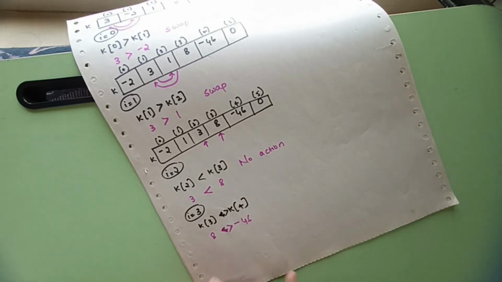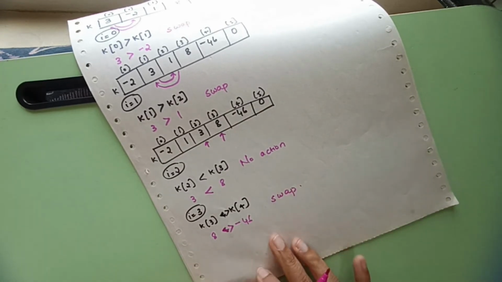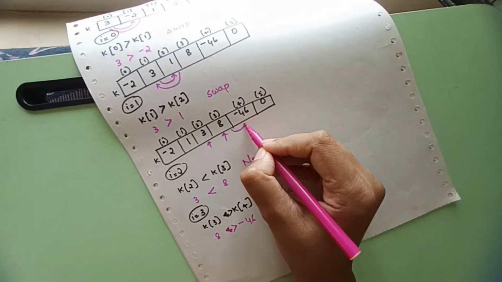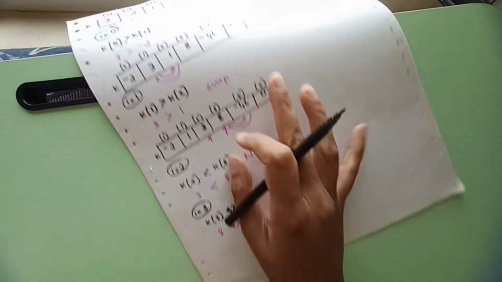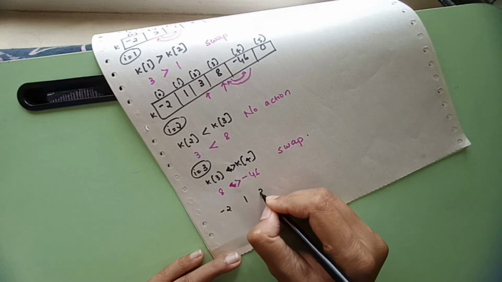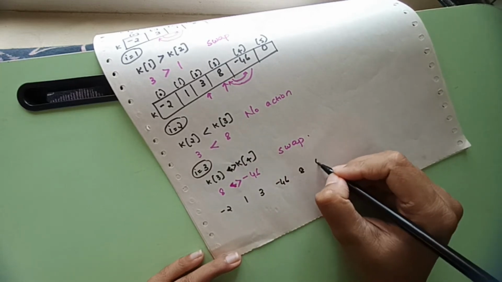Which means we need to swap. So K of 3 and K of 4. K of 3 will go here, K of 4 will come here. So remaining all other elements occupy the same point. So minus 2, 1, 3, then minus 46, 8, 0.